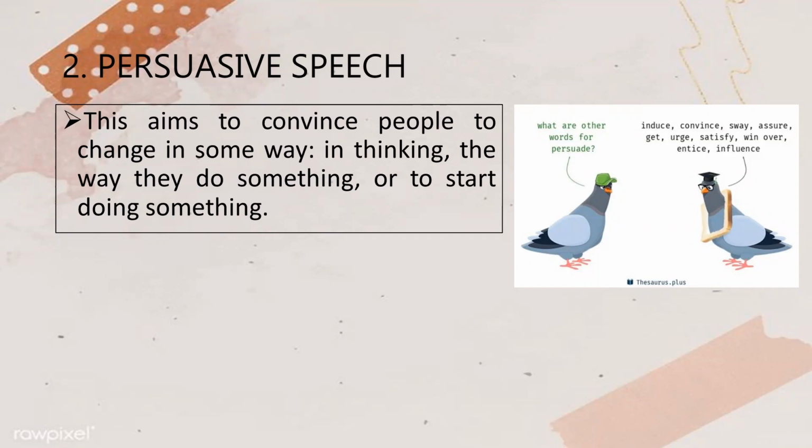It means that even though you don't want to be convinced, because of how they present their information, or even certain ways of their life that you should adopt from them, it will be a sample of persuasive speech. Remember, when we say persuasive speech, it means to convince people to change in some way in thinking, the way they do something, or to start doing something.